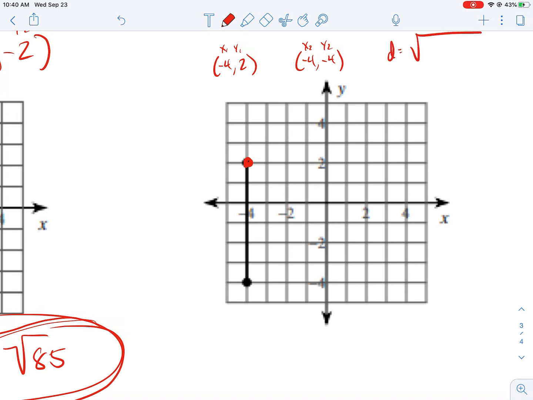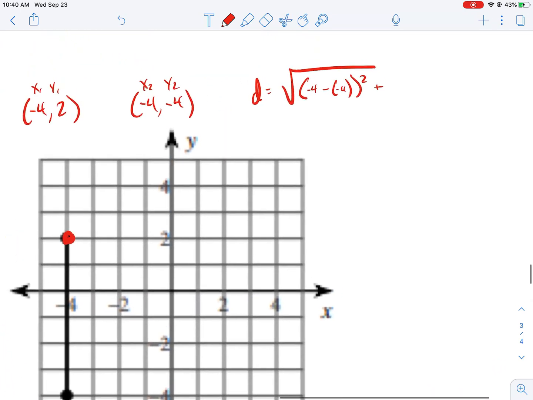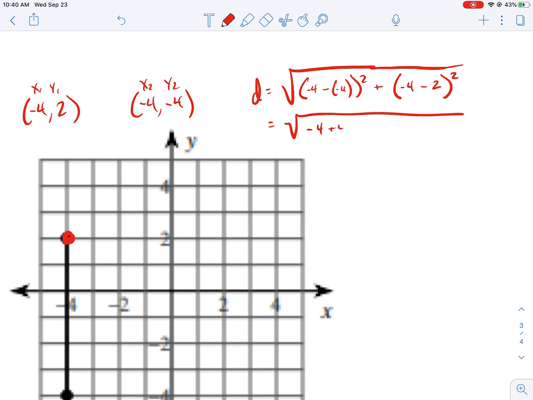Distance formula. So we'll go x2 minus x1 plus y2 minus y1 squared. If you look over here on the left, okay, we're going to get a -4 plus 4 squared, so those are going to cancel.